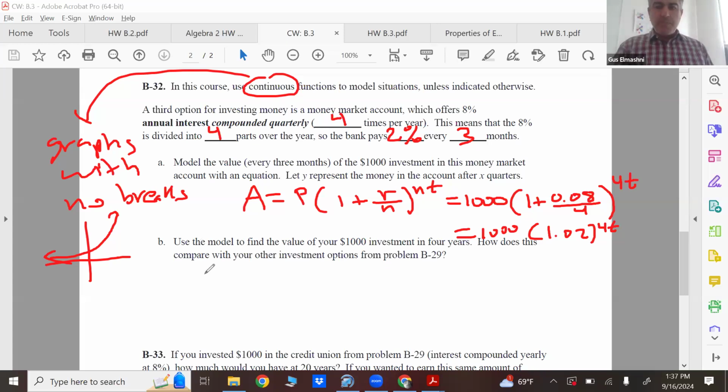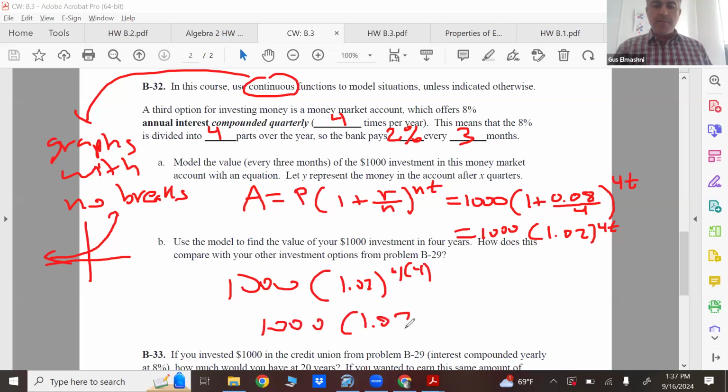So let's plug in 4. 1,000 times 1.02 raised to 4 times 4. What's 4 times 4? Because if you think about it, for example, I could do the same thing with my retirement account at Sacred Heart. They do quarterly statements, right?